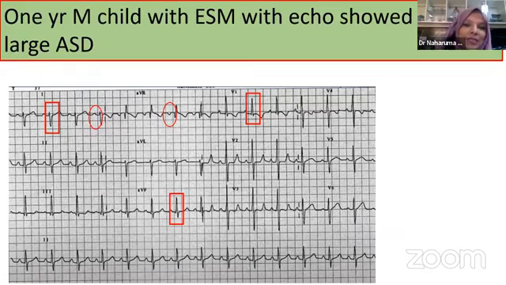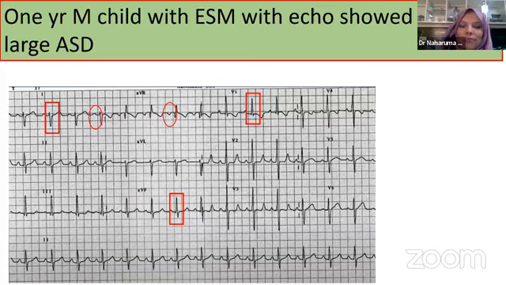In a previous session, Wadud sir was asking me what the red flag signs are. If a patient comes to a cardiologist with this ECG, we know that usually in ASD we close at preschool age, at 3 or 4 years, but now the baby is 1 year, and in the ECG we are seeing severe pulmonary hypertension. We have to refer this patient to a pediatric cardiologist for early shunt closure.